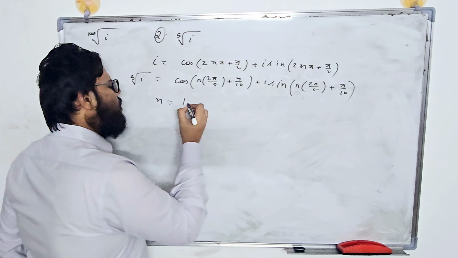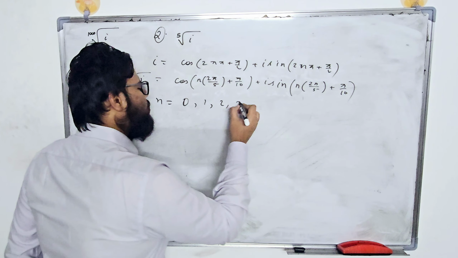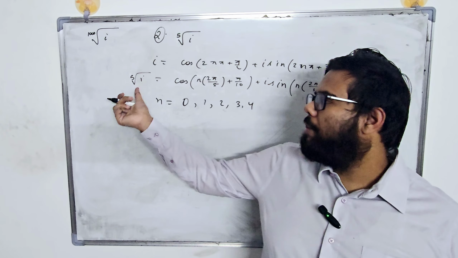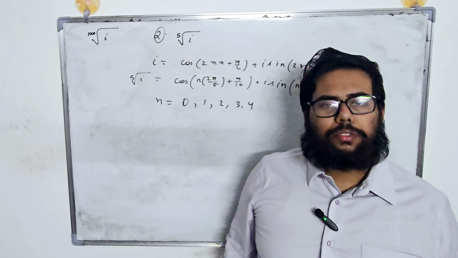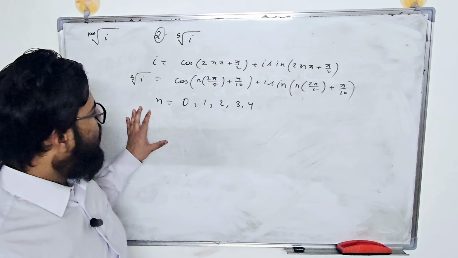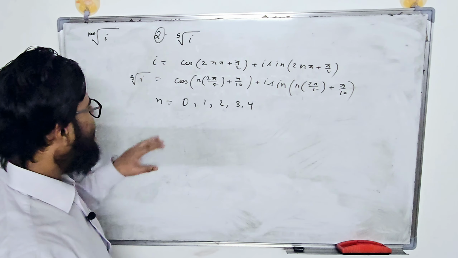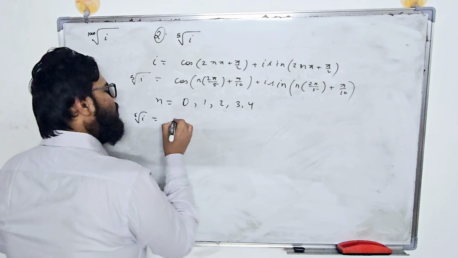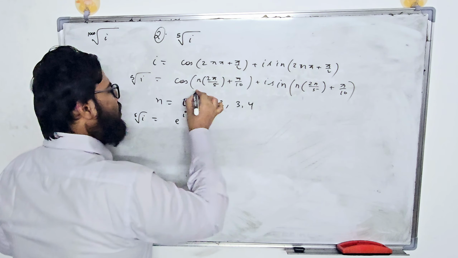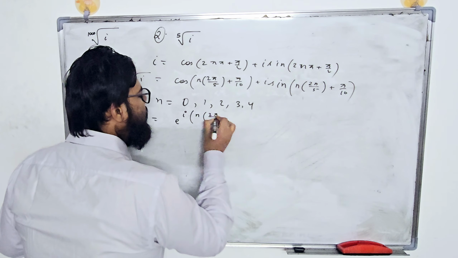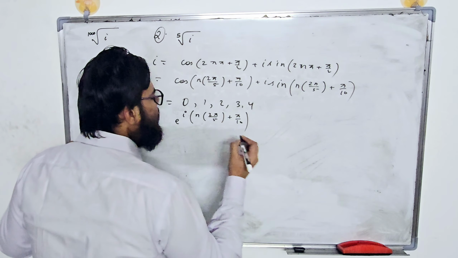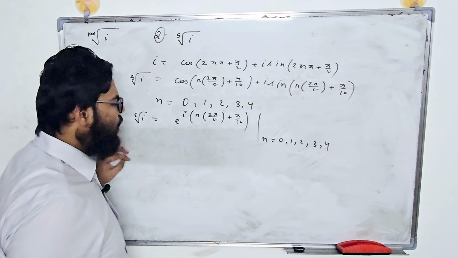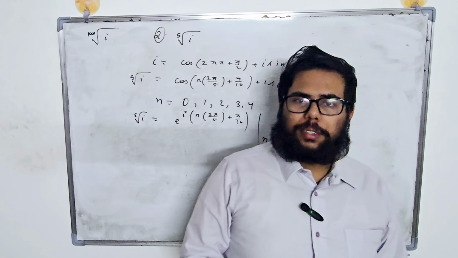Now n equal to 0, 1, 2, 3 and 4 will give distinct solutions of the fifth root of iota. You can check it yourself. You can write this as e to the power I times the angle (n times 2 pi by 5 plus pi by 10), evaluated for n equal to 0, 1, 2, 3 and 4. So you get 5 different roots over here.